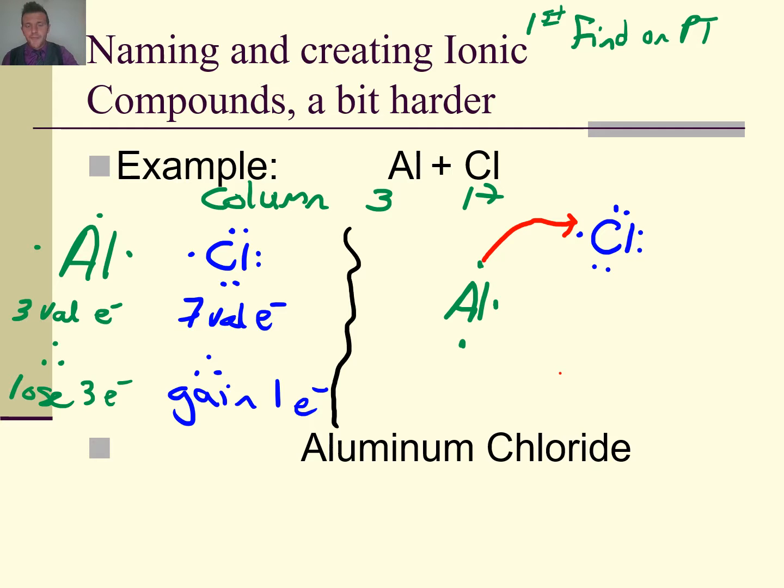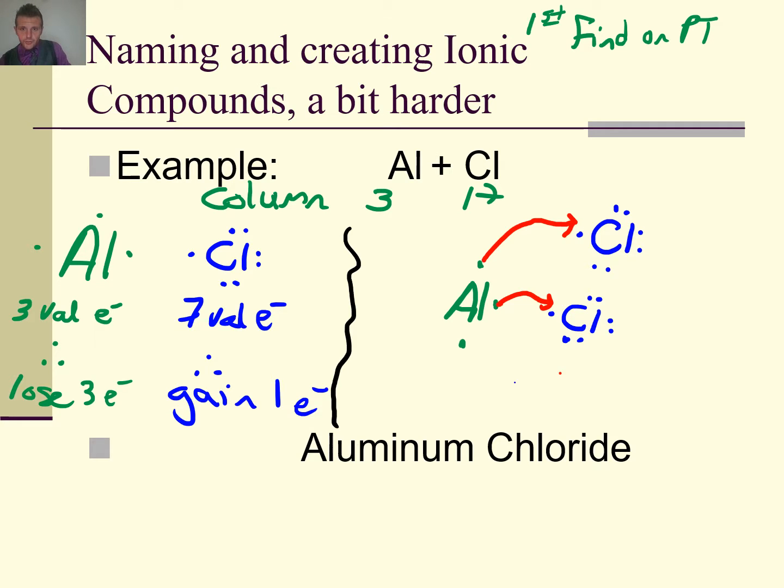So what will happen then is another chlorine will come along. So this chlorine, oops, let's fix that dot. That looks kind of goofy. Another chlorine is going to come along to accept yet another electron from aluminum.